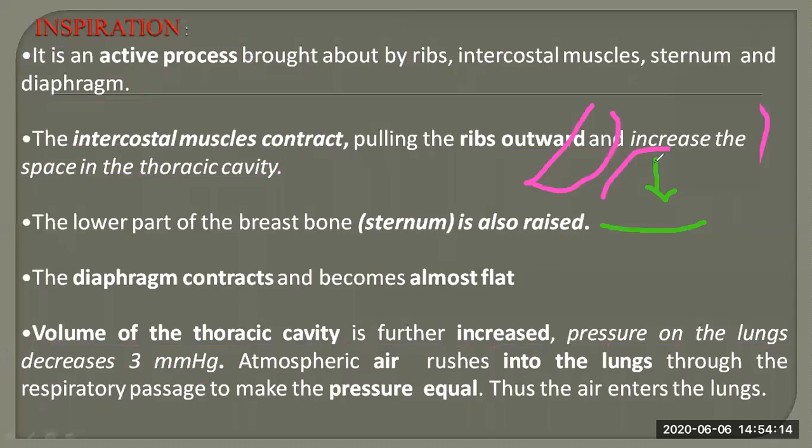In the initial stage it forms a dome shaped structure, but during inspiration it becomes flat. When it becomes flat, there are the different types of muscles: the intercostal muscles, present in between the ribs. So the external intercostal muscles contract, and the volume of the thoracic cavity increases.